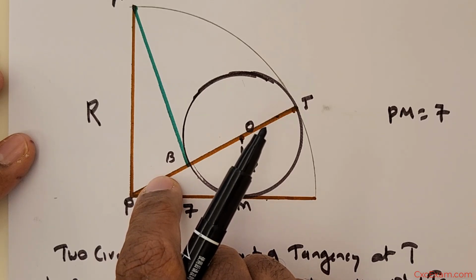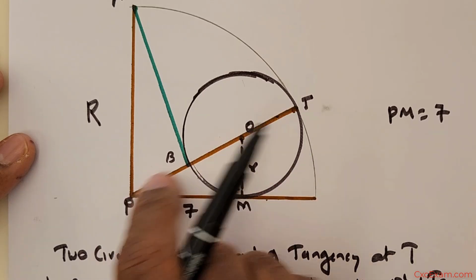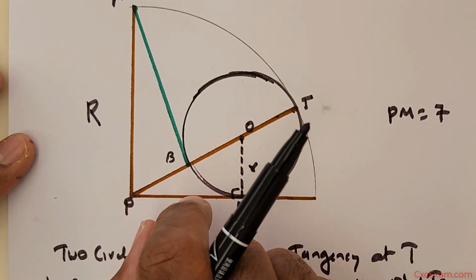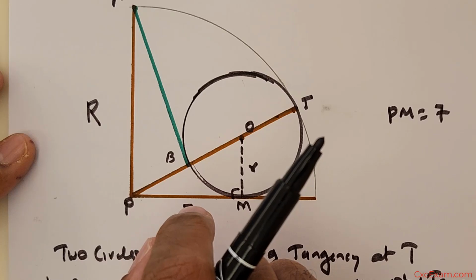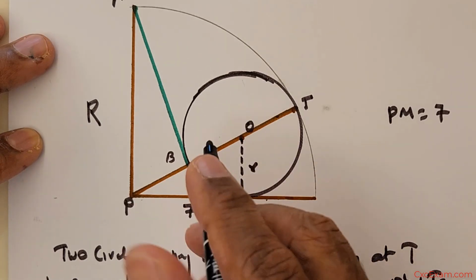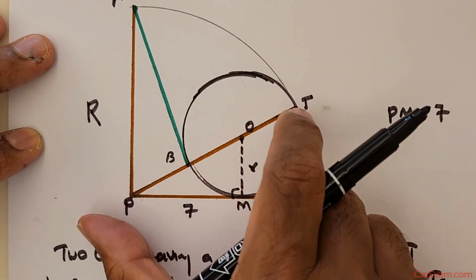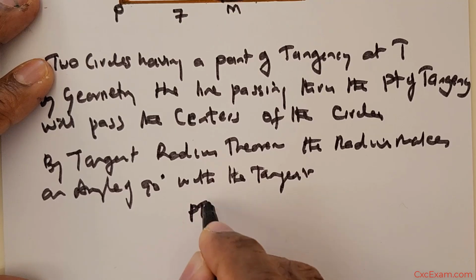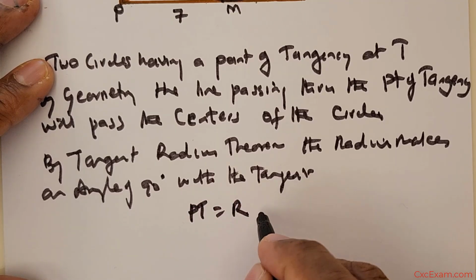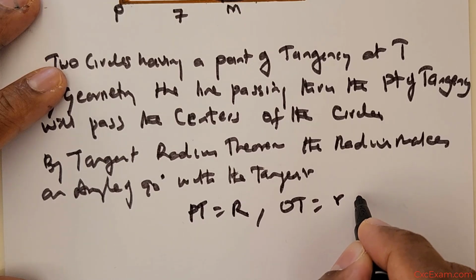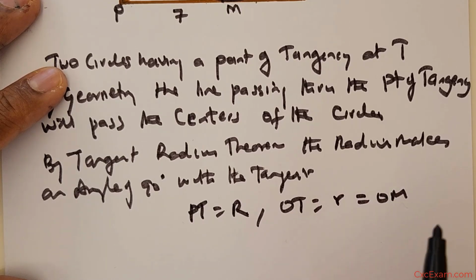So to get this distance from R, I have to take away the value of the smaller. So PT is equal to capital R, OT is equal to small r, which is also equal to OM.